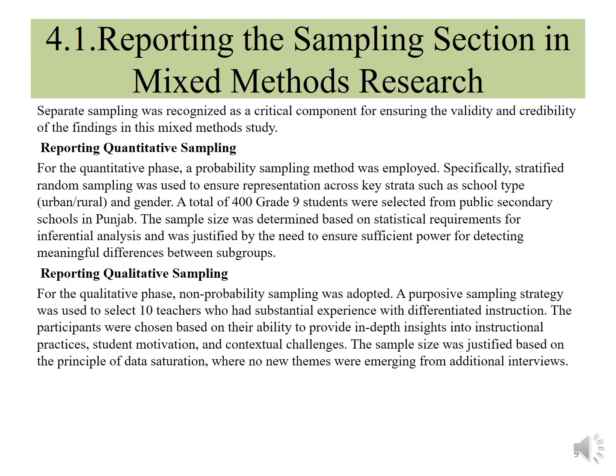A total of 400 grade 9 students was selected from public secondary schools in Punjab, so the sample size is there. The sample size was determined based on statistical requirements for inferential analysis and was justified by the need to ensure sufficient power for detecting meaningful differences between subgroups.